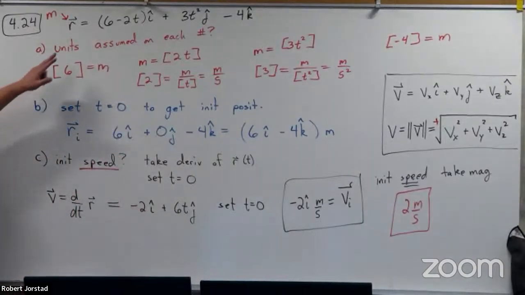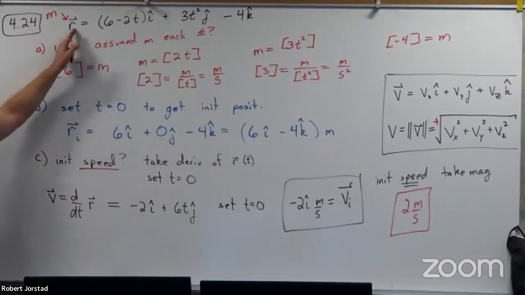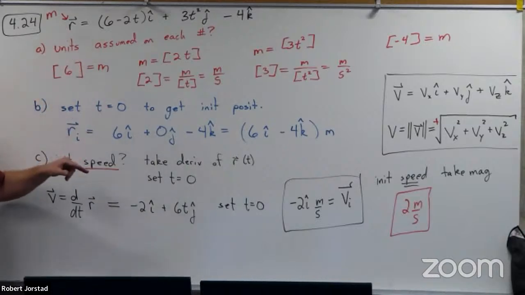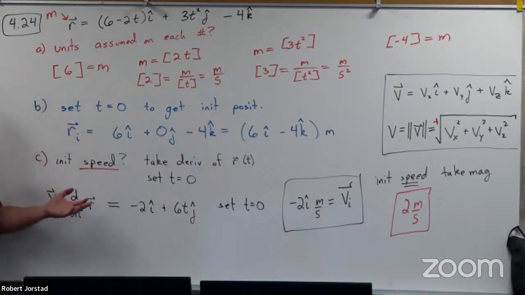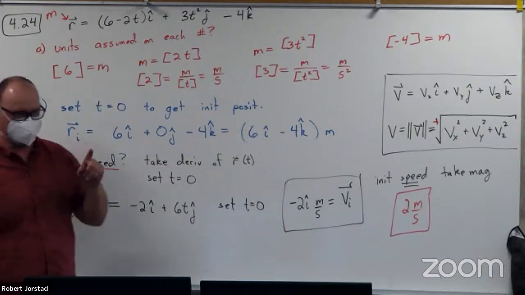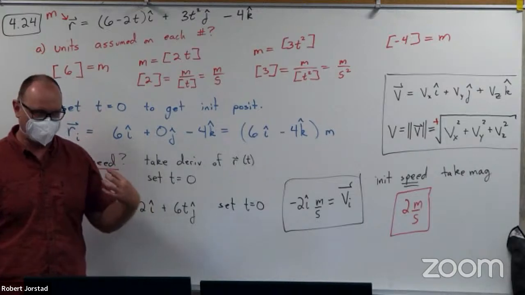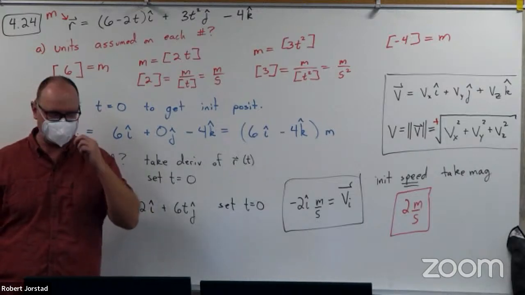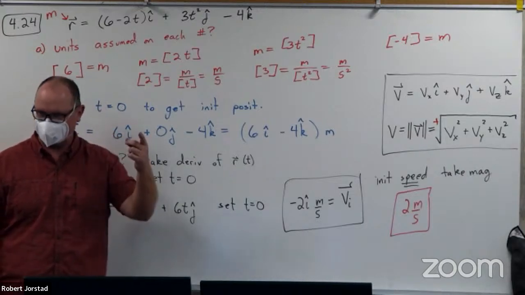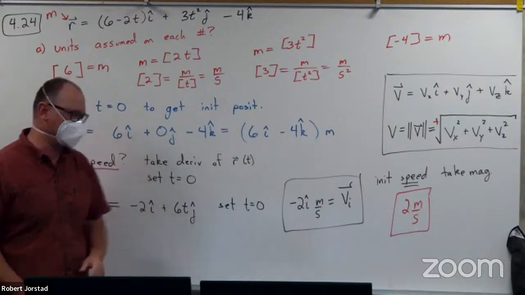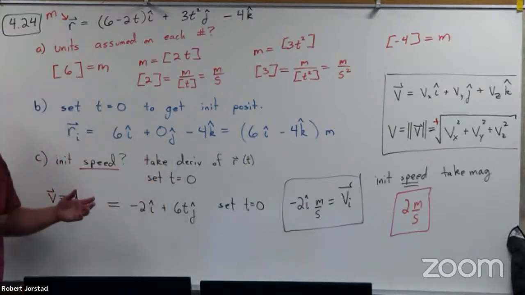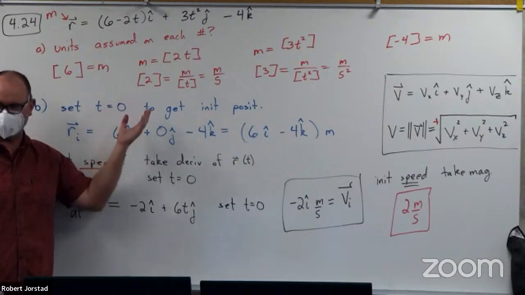In this one, we started with position, so all we had to do was take derivatives. But if I give you the velocity, how could you get from the velocity to the position equation? You could integrate, or do the opposite of a derivative. The antiderivative is an integral. One of the key differences in this class, remember, is that I want you doing definite integrals from initial to final, because the most common thing is people will integrate and forget to plug in the initial position.